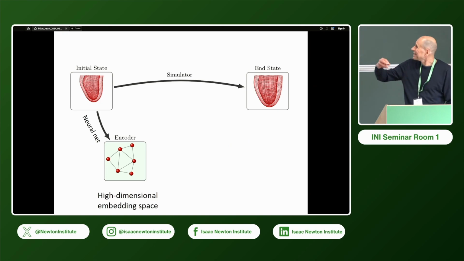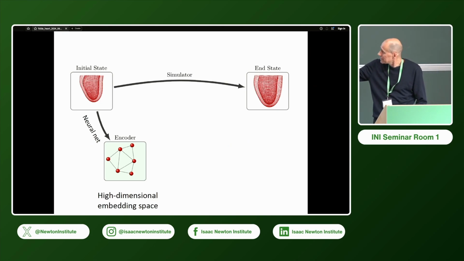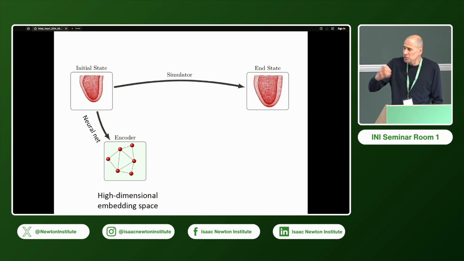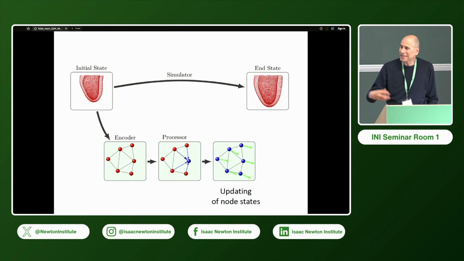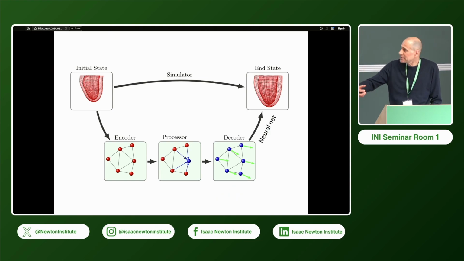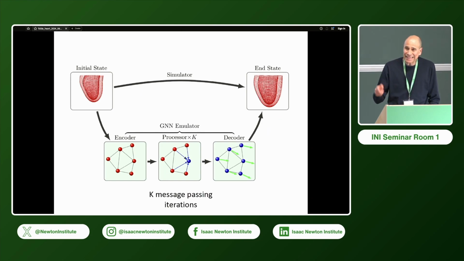So we map the nodes in the original physical space with a neural network into a high-dimensional embedding space. And then we use message passing on this graph in this embedding space. We update the states of this graph, and then we map that back with a neural network back into the physical space. And then we can iterate that a few times.